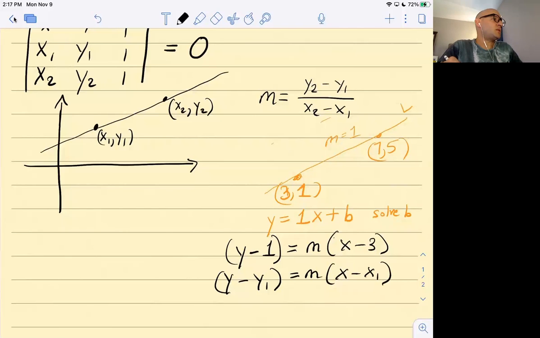And if you think about what this means, all it's saying is that if you have a random point x, y anywhere on the line, like over here or over here, it could be anywhere, right?